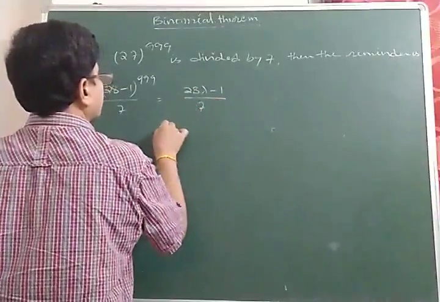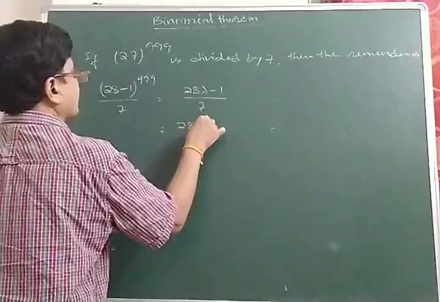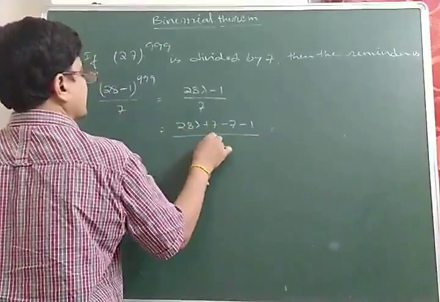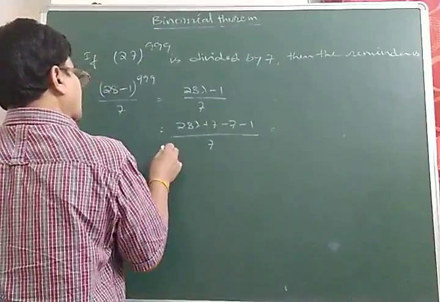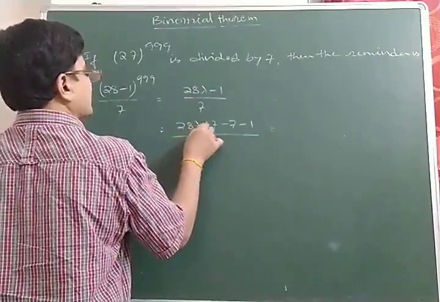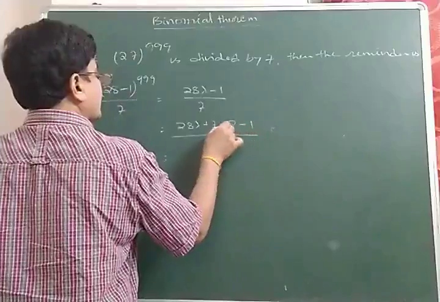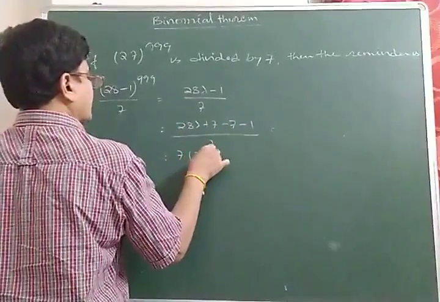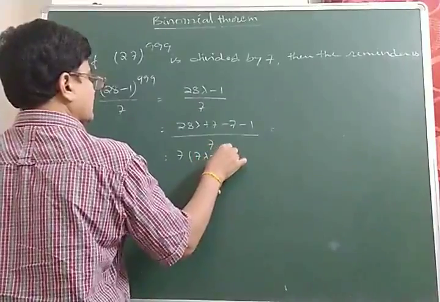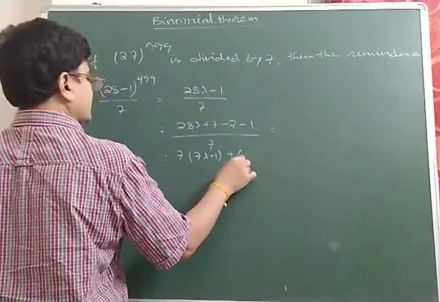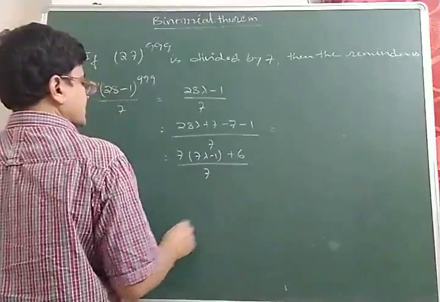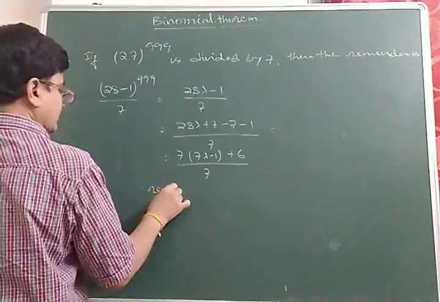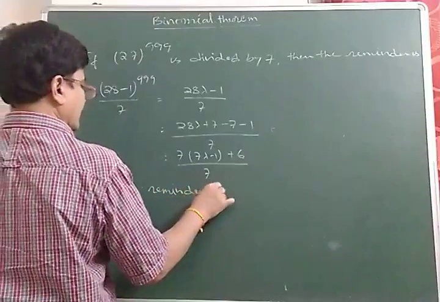This can be written as (28λ + 7 − 7 − 1)/7. Now 7 is common: (7λ − 1 + 6)/7. So here the remainder is 6. Therefore remainder is 6.